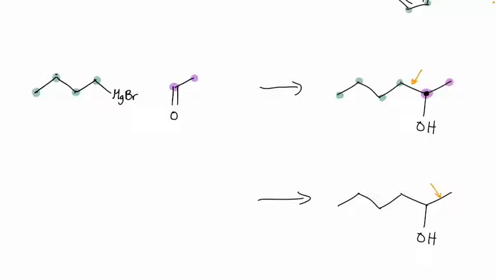So everybody take a second and draw me the reagents that we would use if this was my new carbon-carbon bond that I was forming, the one that has this yellow arrow pointed to it. What set of Grignard and aldehyde or ketone would you use?